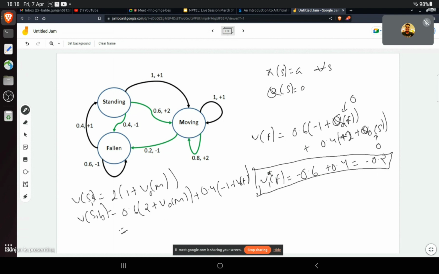So for action A it will be 1, and for action B it will be 0.6 times 2, that is 1.2, and minus 0.4, so this is 0.8, right?